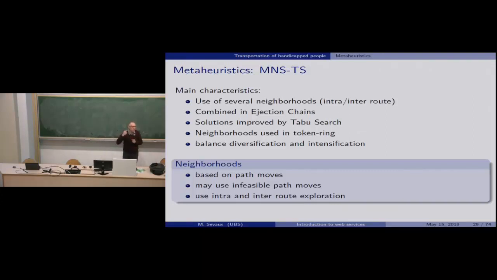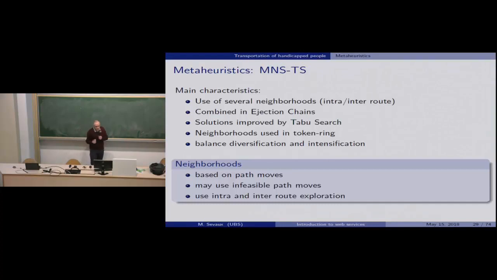So 1, 2, 3, and then 1, 2, 3, and 1, 2, 3 again. Okay, and of course, as in every meta-heuristic, you should balance between intensification and diversification. So try to explore as much as possible the search space, that is diversification. And once you find a very interesting, attractive basin, use intensification to find the most promising solution in that attractive basin.